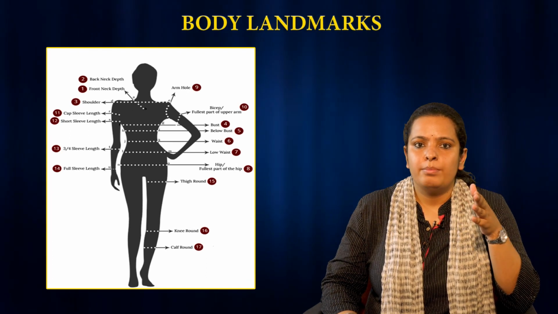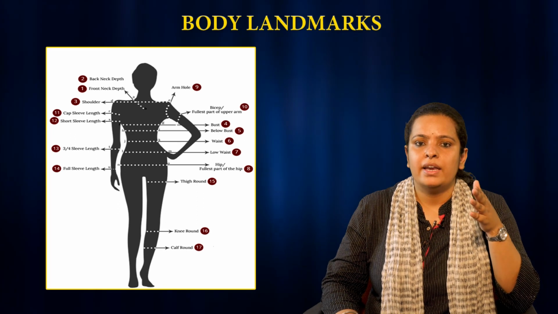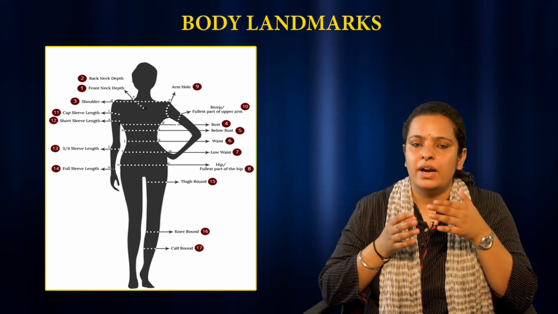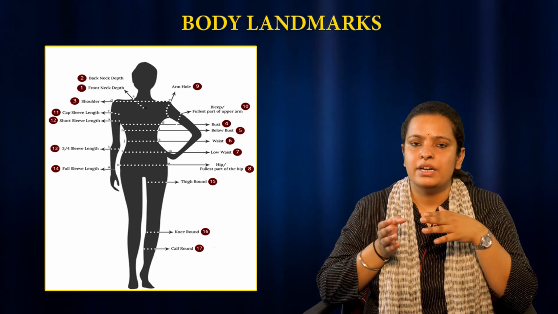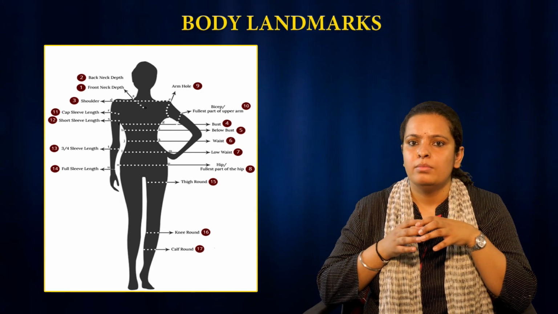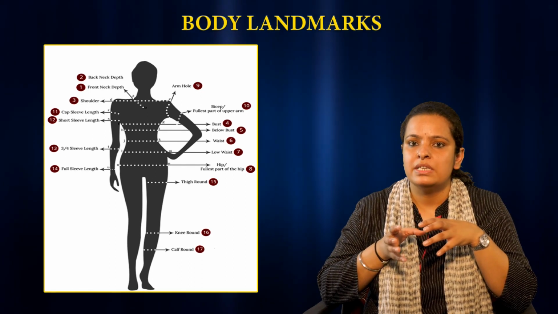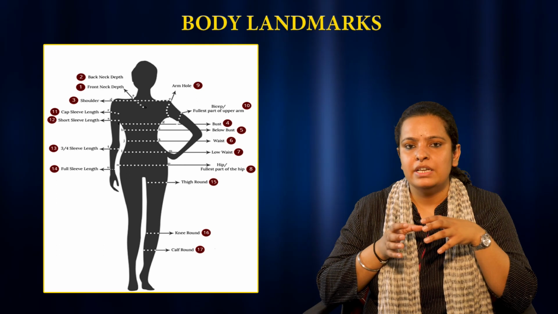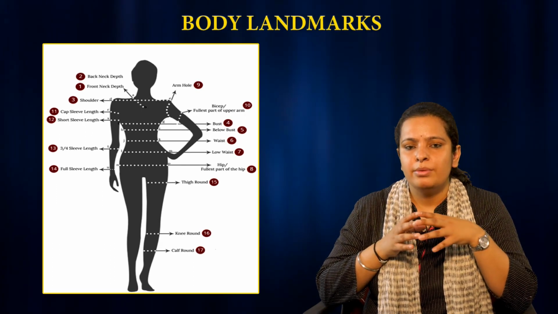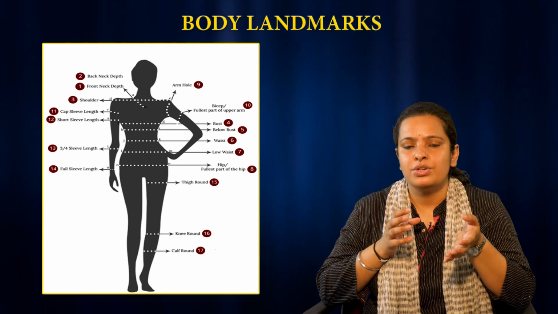So when you see the picture, you can identify that we take the measurement of the shoulder, the central front neckline, the central back neckline, the armhole, and the sleeve. When we go for the sleeve or arm measurement, it is taken straight also.